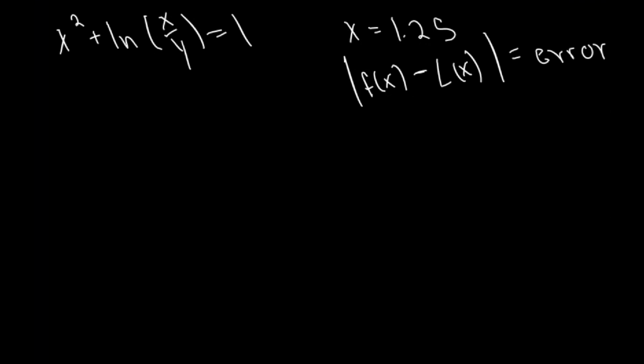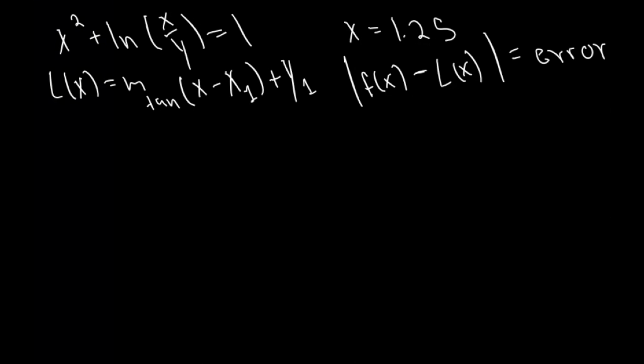The first thing you'll do is you're already given your y output. So you have your formula for your approximation: m times x minus x1, plus y1.